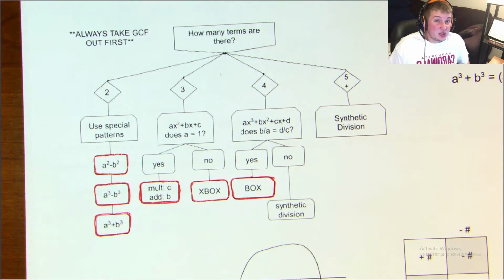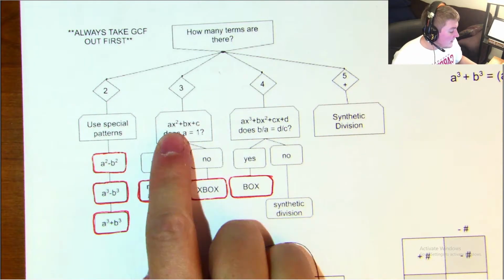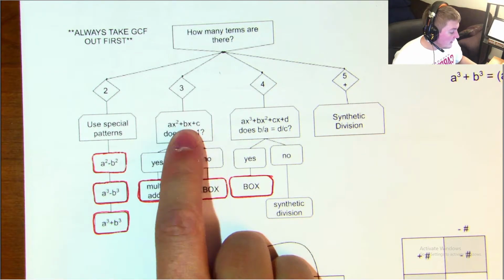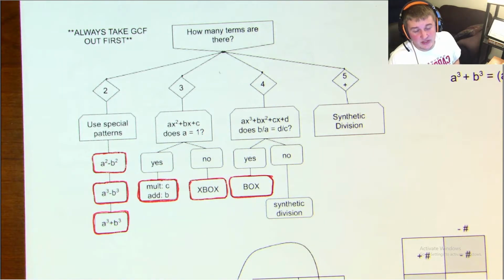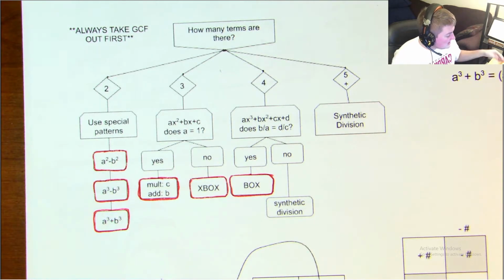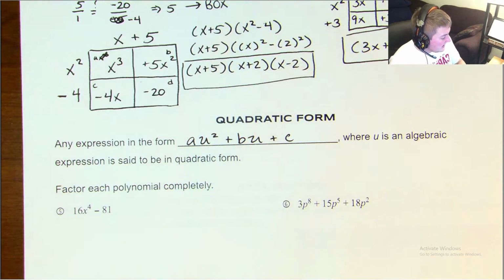Just because it's x squared and bx doesn't mean that it only works for quadratics. It can work for higher degree as long as it follows this pattern. For example, no variable, a variable, and then this variable's exponent is twice whatever the b term's is. We're just going to see that develop as we go.